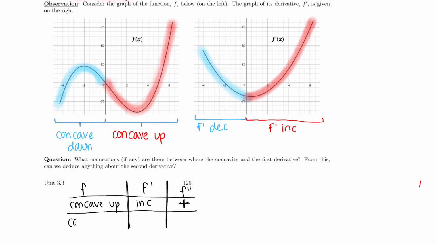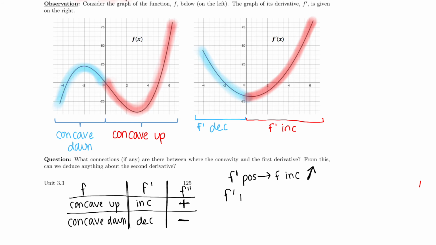If your original function is concave down, then your derivative is decreasing. And if a function is decreasing, then its derivative, in this case f double prime, is negative. Right? So if f prime is positive, that means f is increasing.